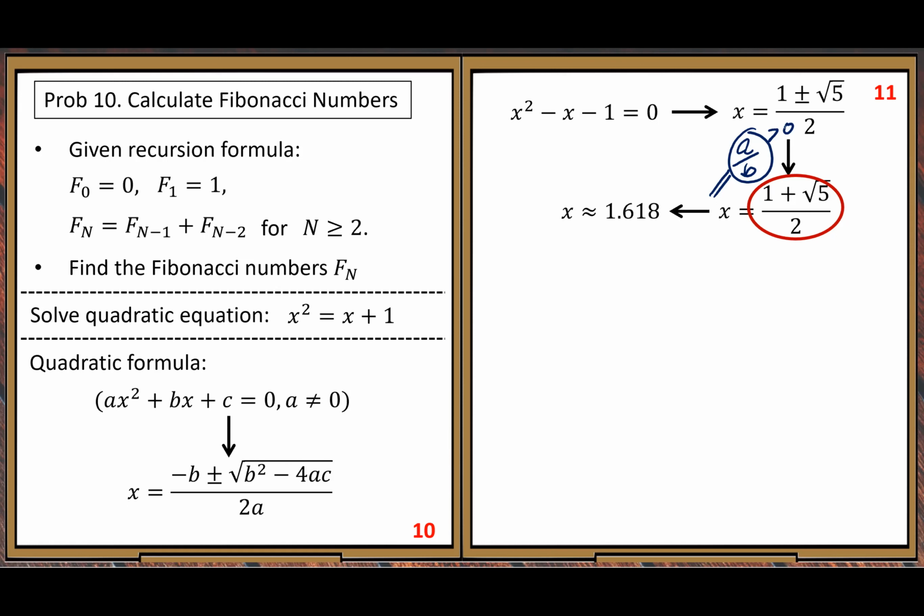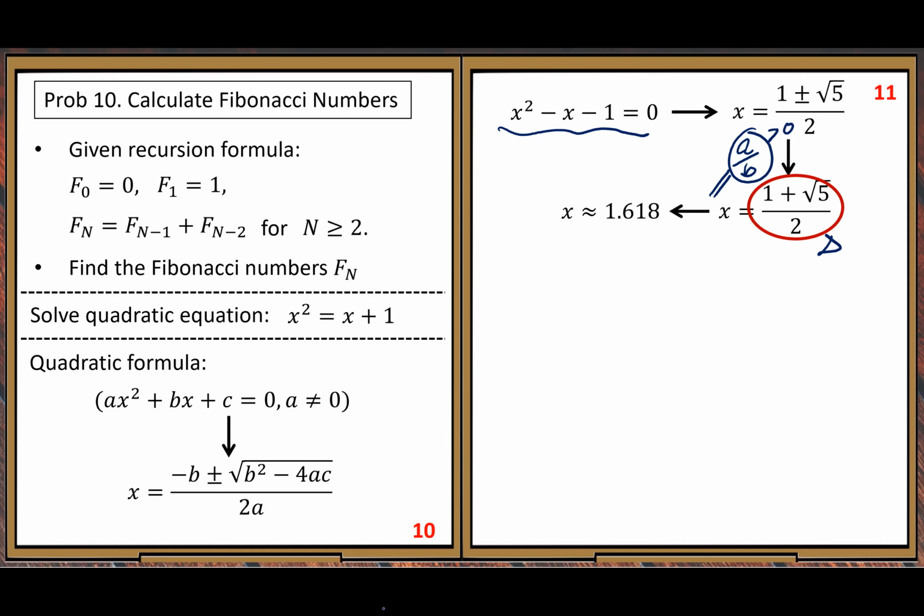So we take the positive solution of this quadratic equation and find this special number. This special number is not an integer, okay? And it is not a rational number.